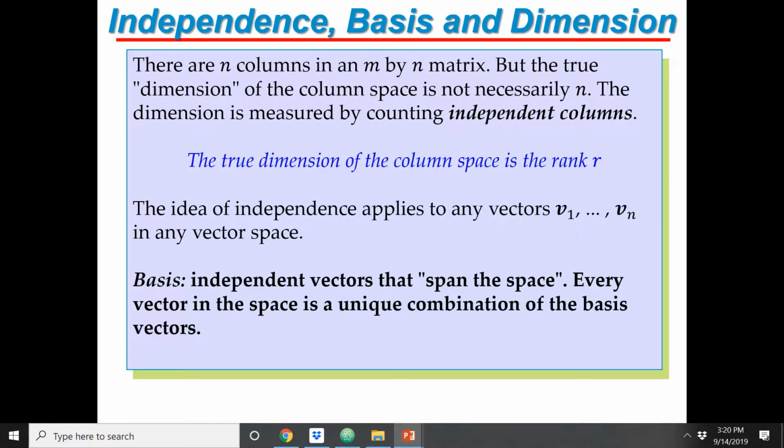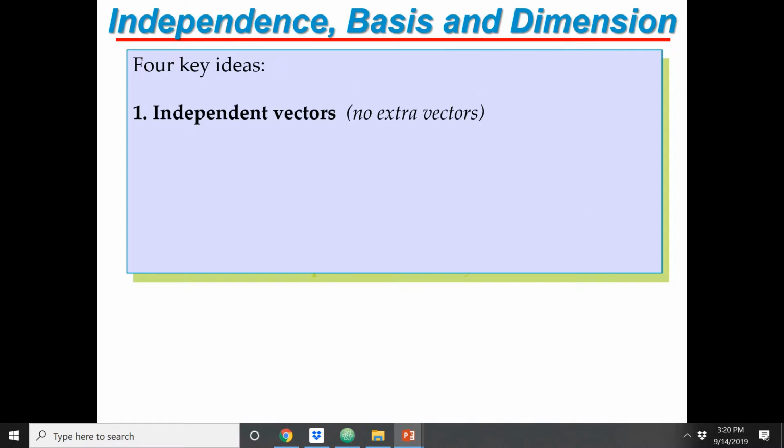They're not too many, they're not too few, they're just right to generate a space. If you have a space, they're just the right number, the minimum number of vectors that you need to span that space.